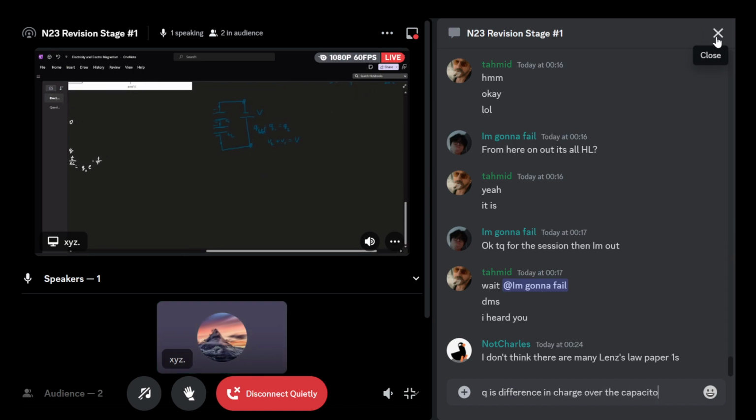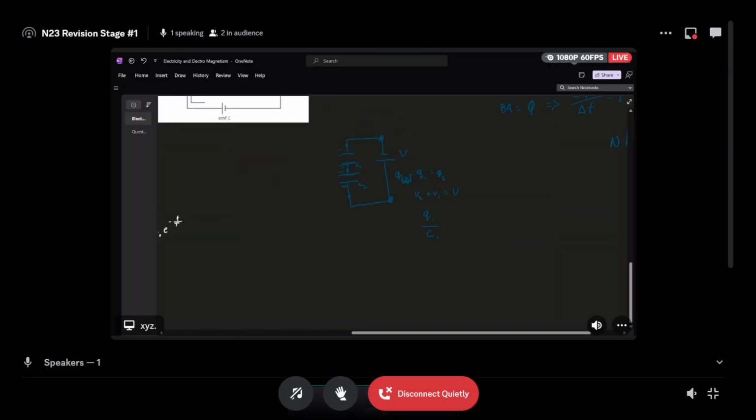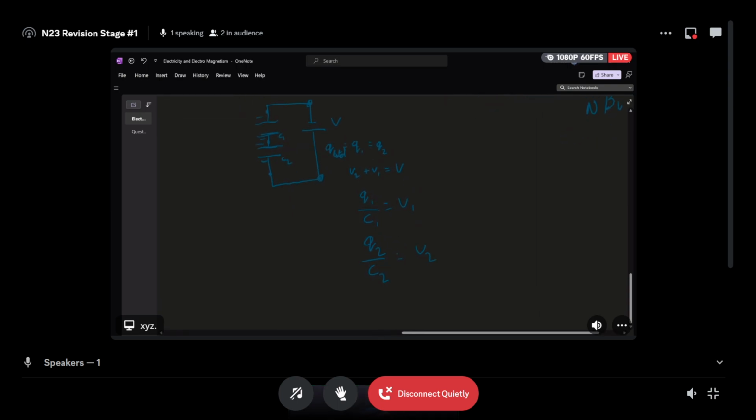Then we know that Q1 over C1, which is our first one, is equal to V1, and Q2 over C2 is equal to V2. We know that these must add to V. So we have Q1 over C1 plus Q2 over C2 is equal to Q total over C total.